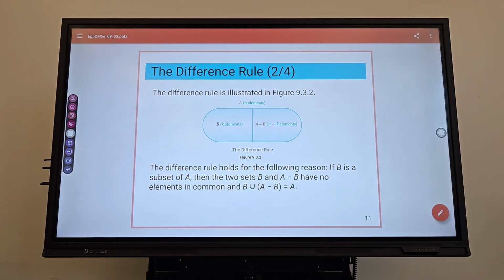The difference rule is illustrated here. The difference rule holds for the following reason.